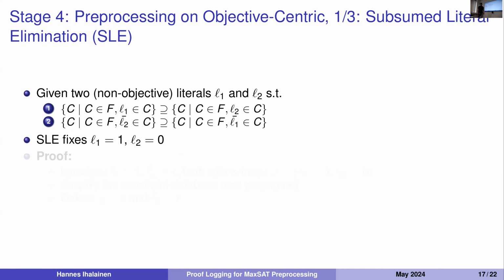But okay, so let's get to some actual preprocessing techniques. In this technique you have two literals, and setting L1 to 1 and L2 to 0 satisfies all clauses where L1 and L2 appear, because these are supersets.